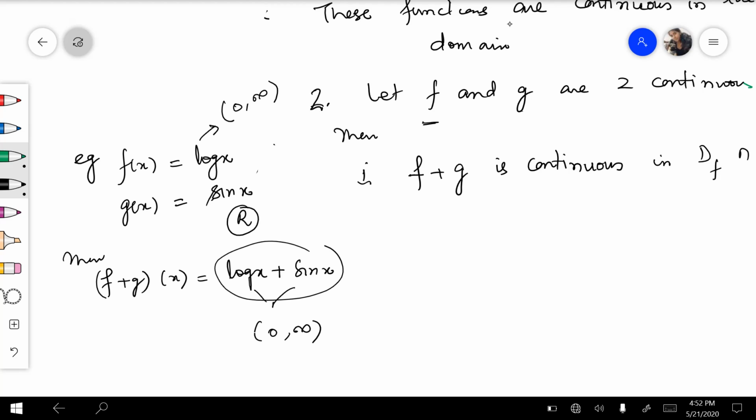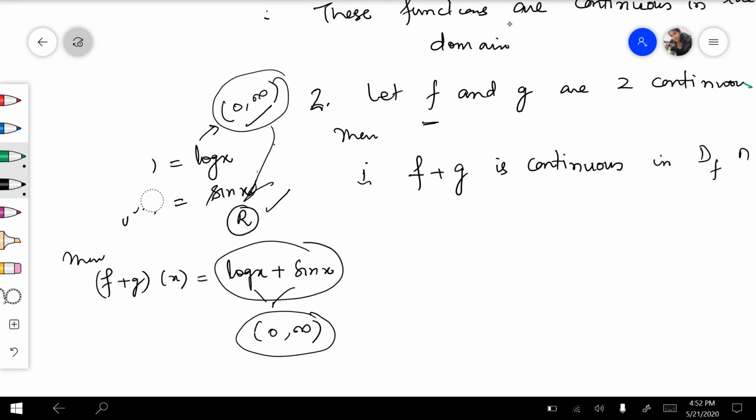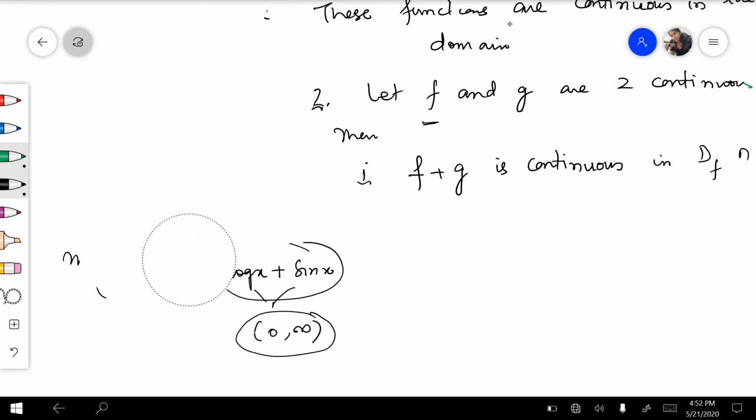So this function will be continuous for 0 to infinity, which is nothing but the intersection of these two, because 0 to infinity is a subset of real numbers. So that is what we are discussing. If we have f and g as two continuous functions, then their sum is continuous in the common domain of f and g.